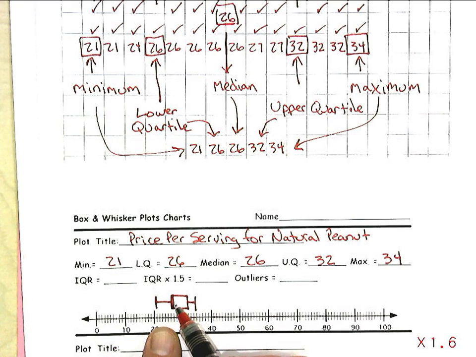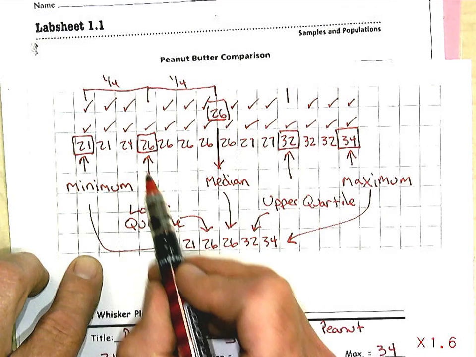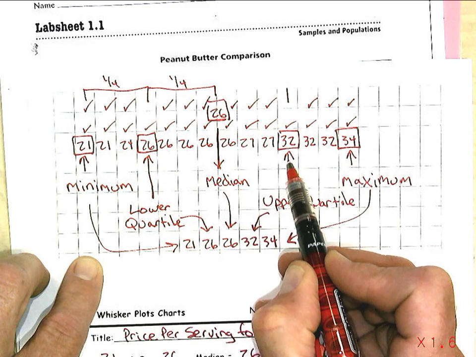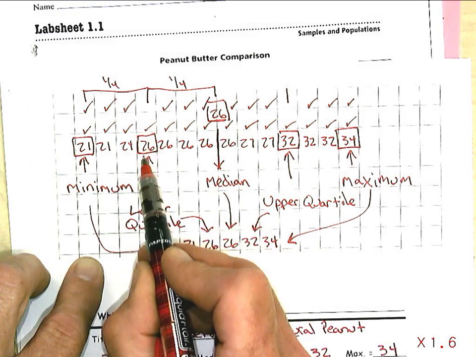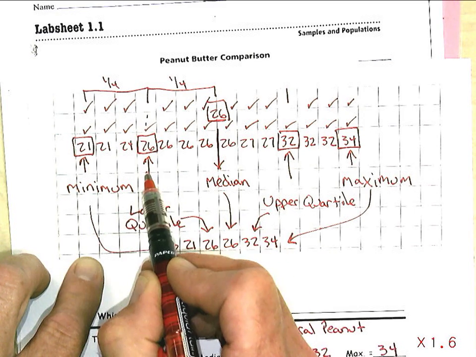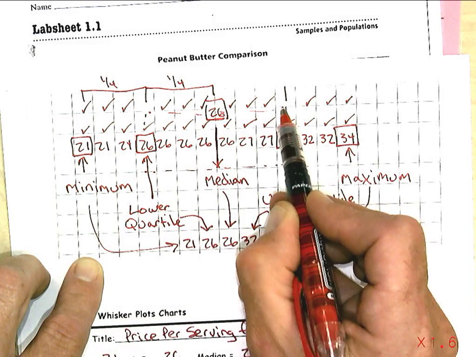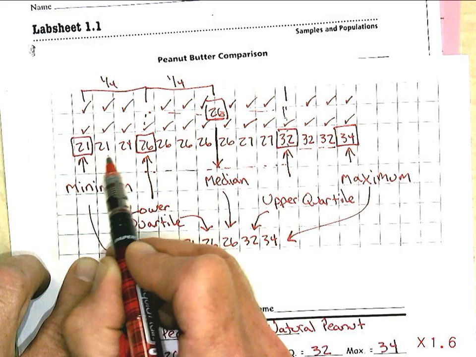And again, the center box, really, if you think about it, goes from the lower quartile to the upper quartile and includes the median. So we really literally put a box around this part of the data. So you could think of it like if I were to do this, a box like that, and a whisker connecting it to the ends.